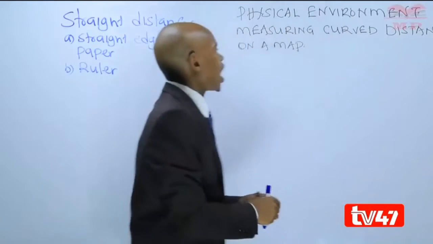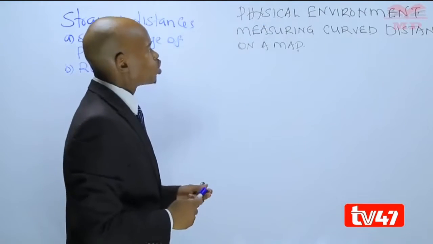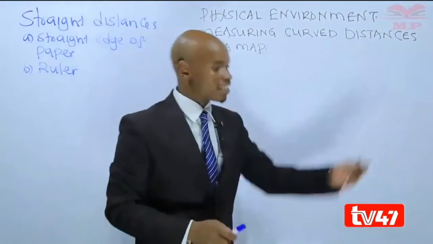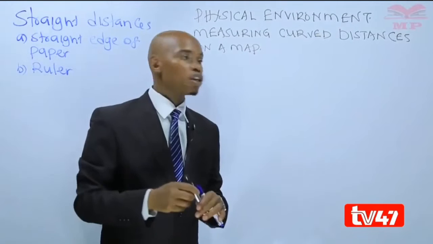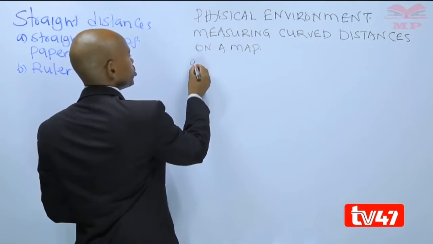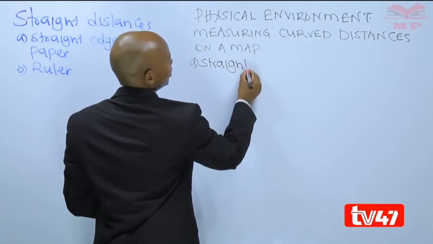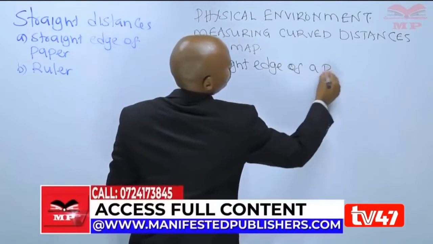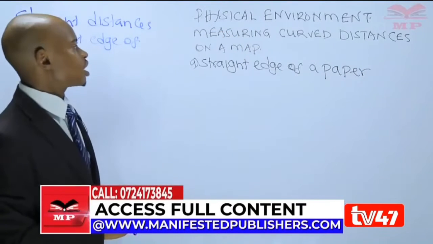Today we are on curved distances. What do we use to measure curved distances on the map? That is our first concern. Number one, we mainly use a straight edge of a paper, the same one that we used when measuring straight distances.